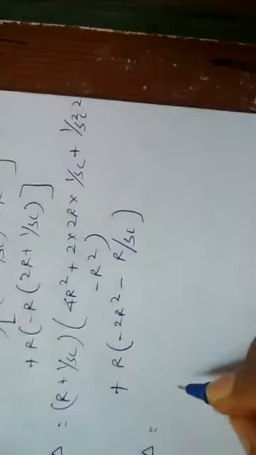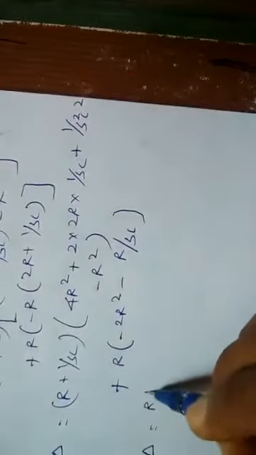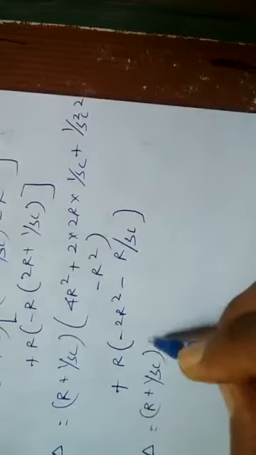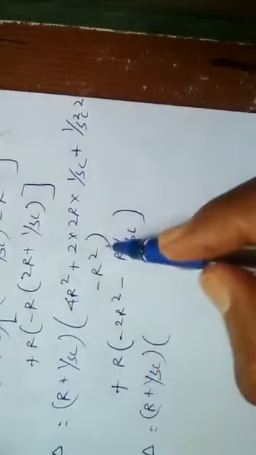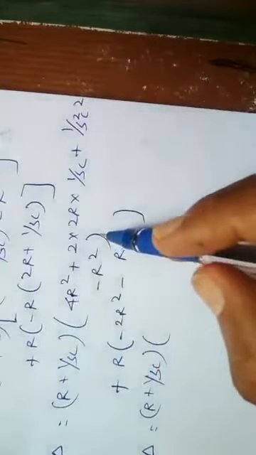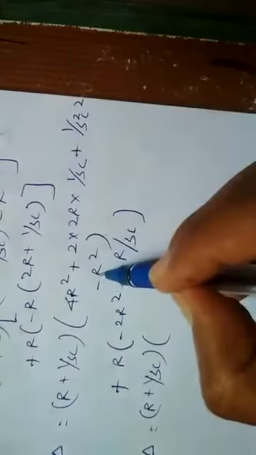Next, del becomes r plus 1 by sc into, here it is 4r squared, here will be having 4r by sc plus 1 by s squared c squared minus r squared.